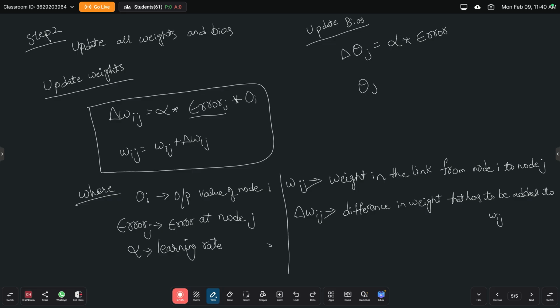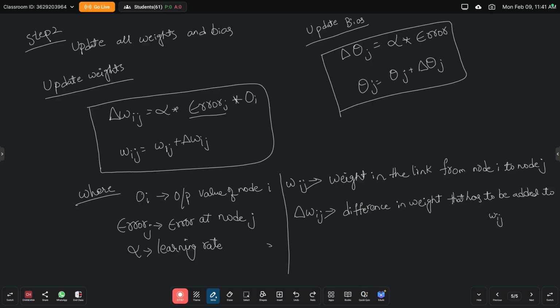Next, theta j equal to theta j plus delta theta j. This is all about update bias.